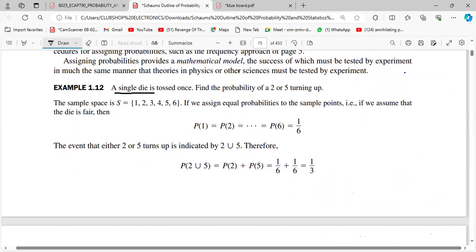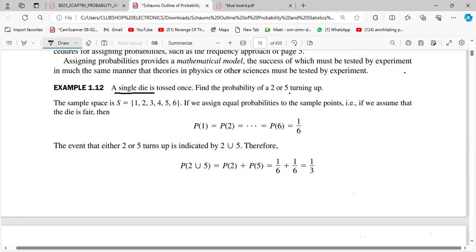A single die is tossed once. Find the probability of a 2 or 5 turning up. Okay? Find the probability of a 2 or 5 turning up.